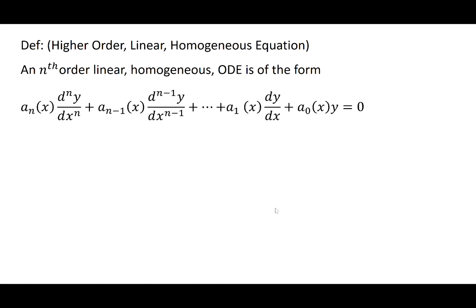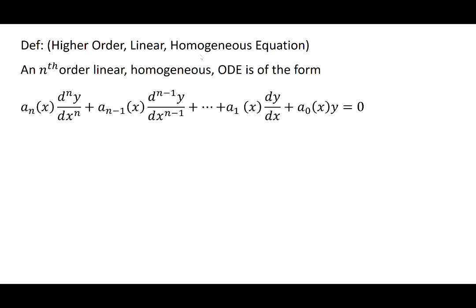One of the first things that I need to tell you is, what in the world is a higher order linear homogeneous equation? Now there's this word again, homogeneous, but in the context of higher order equations, it has a completely different meaning. If you remember, when we were talking about first order equations, homogeneous meant a certain thing.